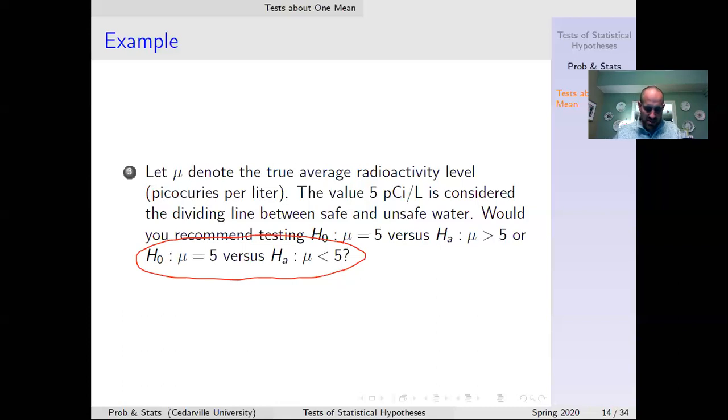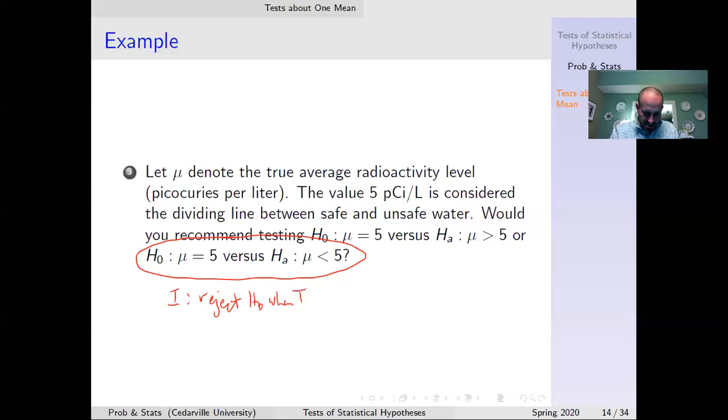Okay, so let's think about that. What would the type 1 error be in this particular case? Remember, that means that we would reject the null when it's true.